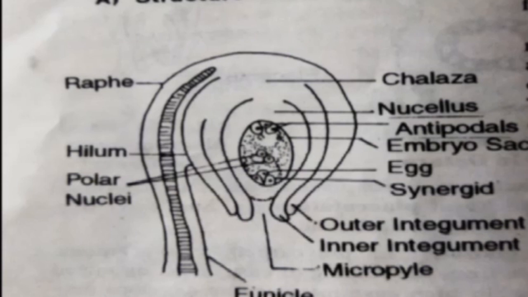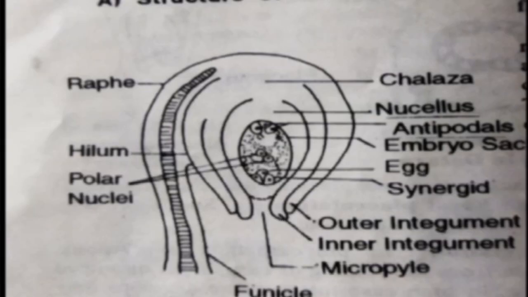Today's lecture is on the structure of the ovule and its types. The ovule is the megasporangium, that is, a megaspore-containing structure located within the gynoecium.